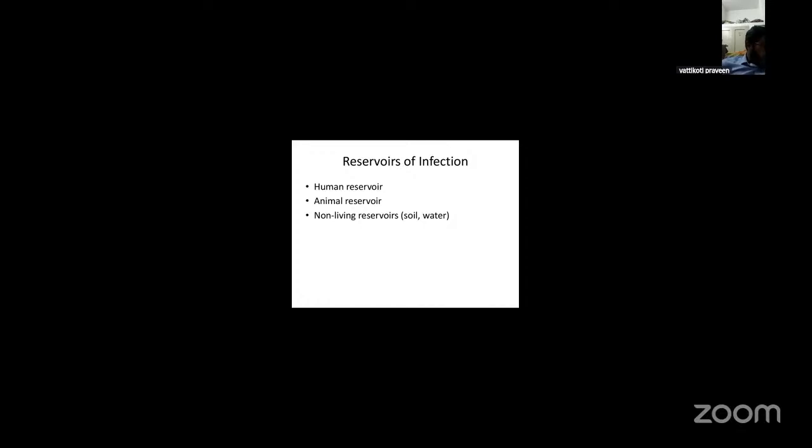What is the route of transmission? Communicable diseases may be transmitted from the reservoir or source of infection to a susceptible person in various ways, depending upon the infectious agent, portal of entry, and local ecological conditions.